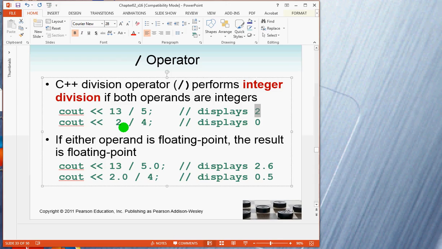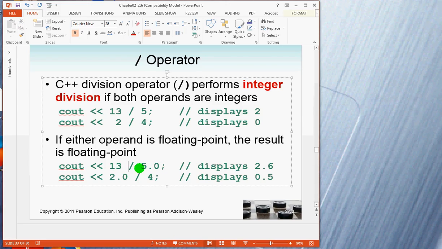When I divide 2 by 4, what's the answer? 4 goes into 2 0 times with the remainder of 2. So the quotient is 0. Now, on the other hand, if you mix whole numbers and decimal numbers, then the rules for dividing switch from the rule for dividing integers to the rule of decimals.